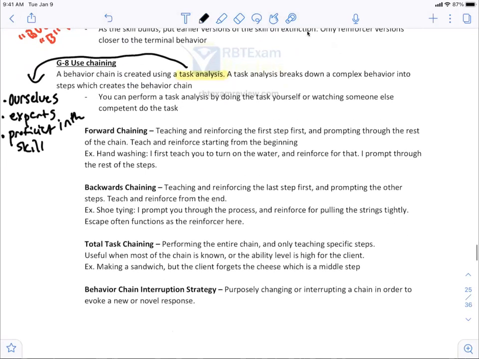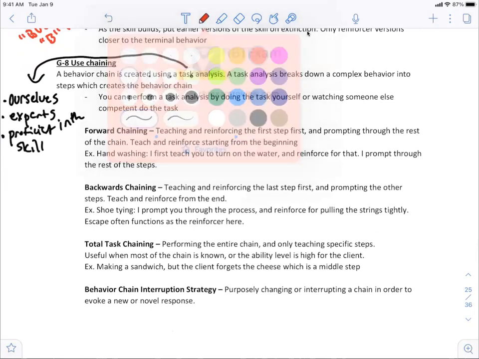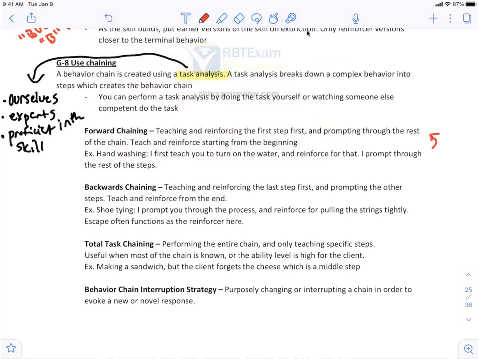All right, so what do we have? We have forward chaining, we have backwards chaining, we have total task chaining, and behavior chain interruption strategy. What is forward chaining? Forward chaining is teaching that first step first. So if we have a chain of 5 steps, what are we going to do? We're going to take step 1, okay, reinforce, and then what?